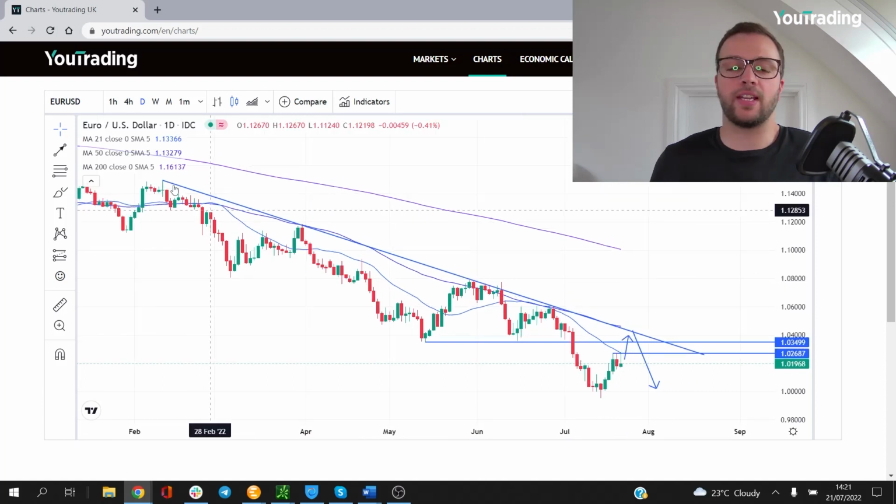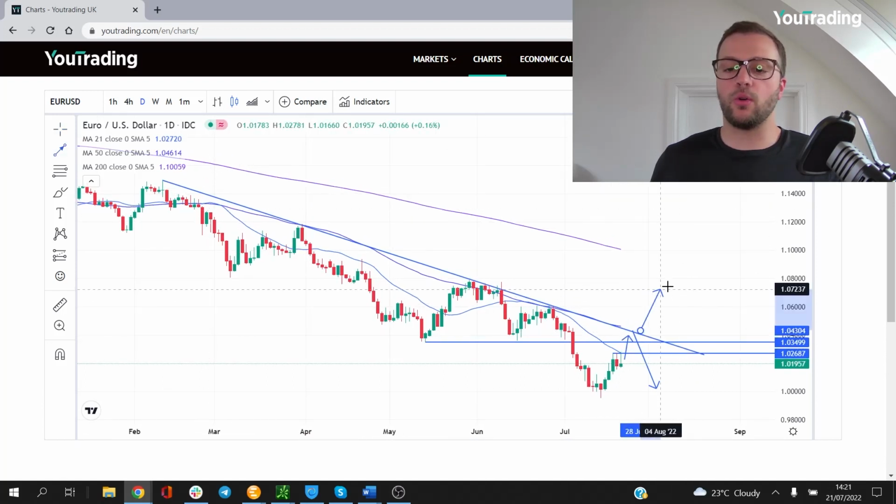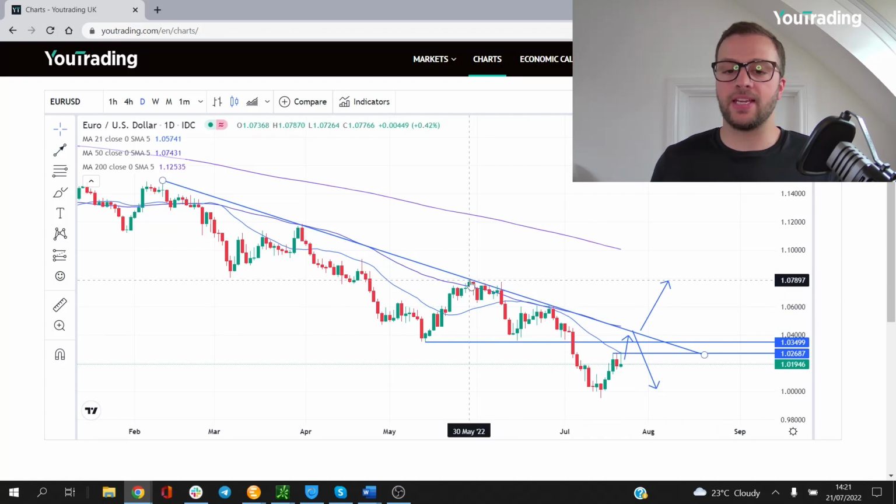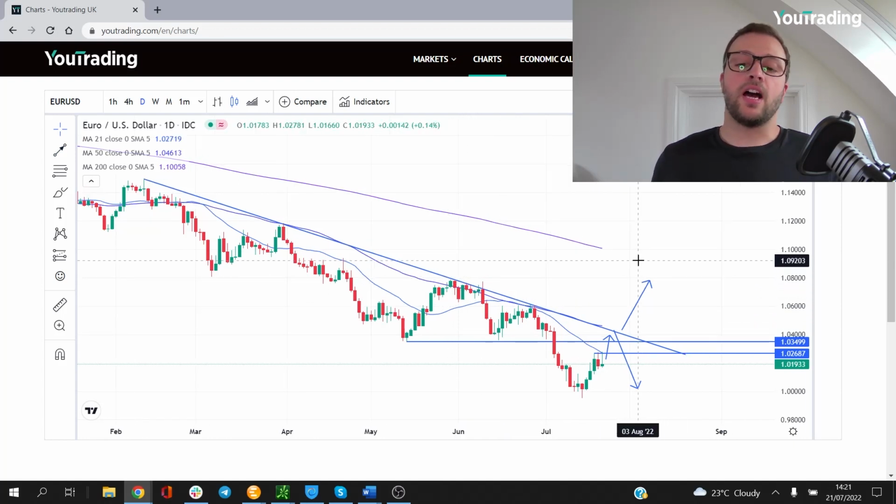What would cause that trend line to break? What would cause us to rally back to, say, 108 and test this area of resistance here? I mean, you'd have to think it'd be things like a continued significant increase in risk appetite, and stocks rallying, which would damage the safe haven dollar.